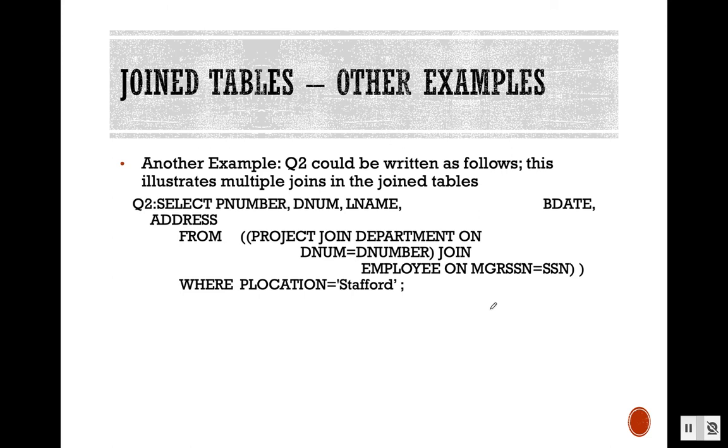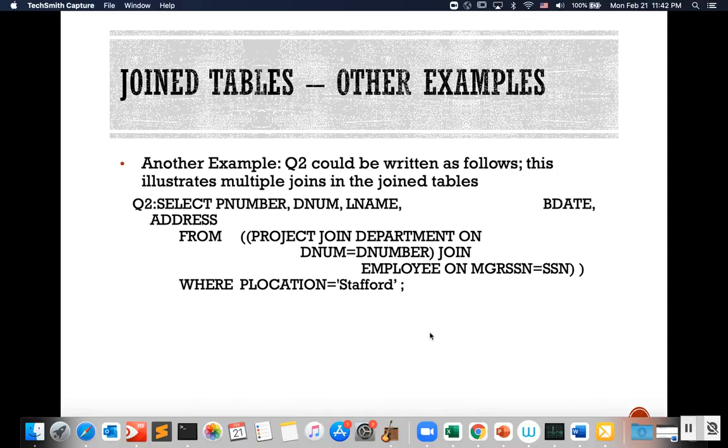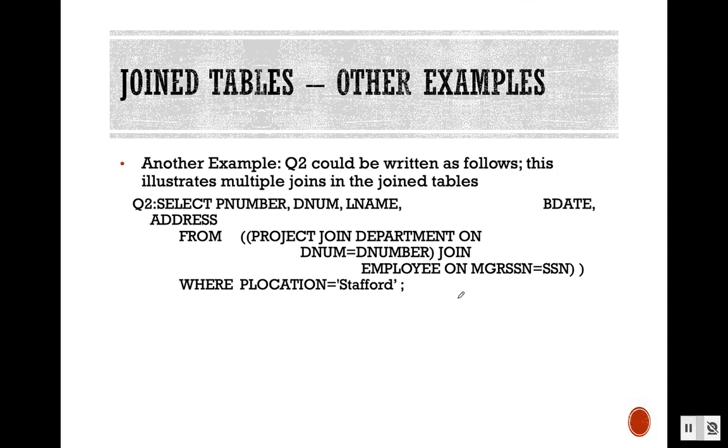So this is also another example of join condition, but you can see here we are doing a nested join. The first join is going to join project and department on D num equals to D number. This will create a temporary joined relation with project and department.